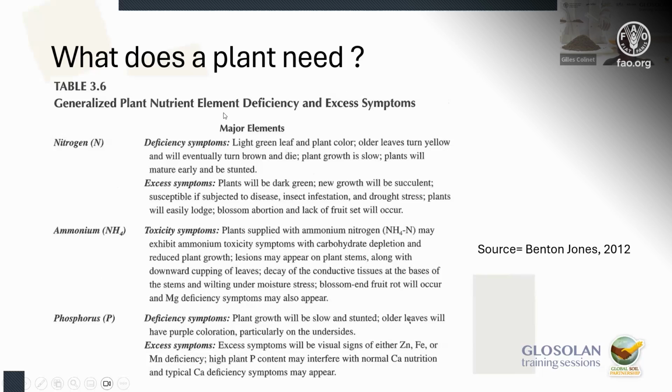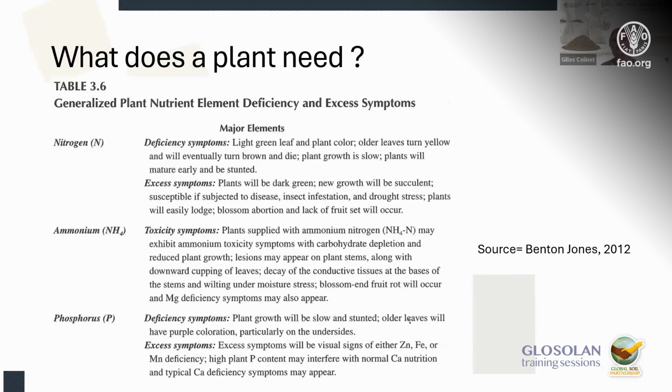So this was for nitrogen, but you can find the same for ammonium. For phosphorus, the plant growth will be slower. You have characteristic purple coloration of the leaves. And when you have excess, it's indirect symptoms.